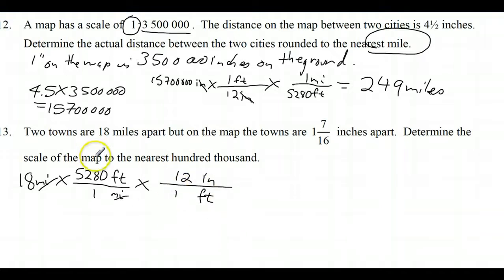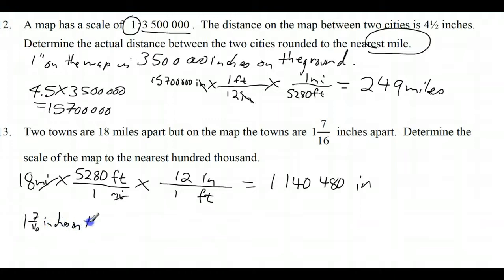This top and bottom, although they're different units, they are equivalent. 1 mile is 5,280 feet. 1 foot is 12 inches. Multiply it out, and we get 1,140,480 inches.